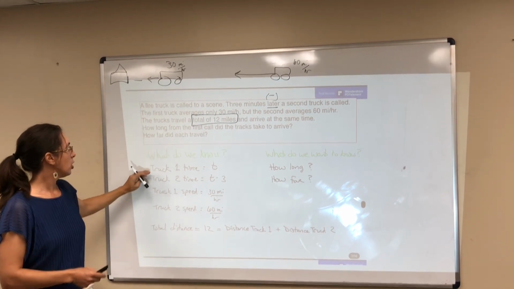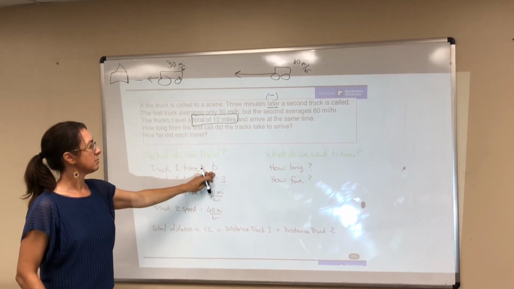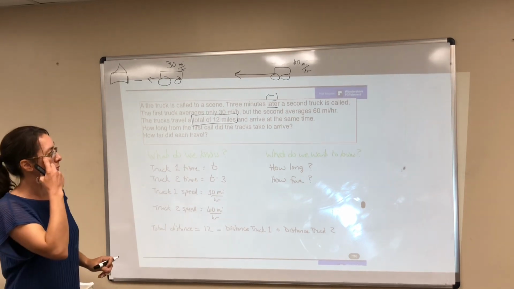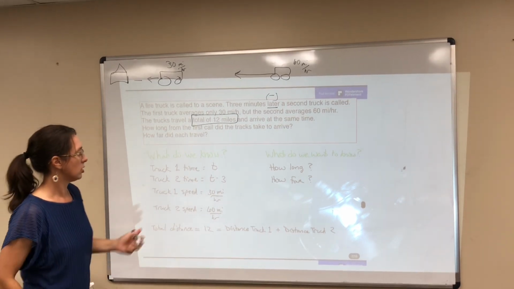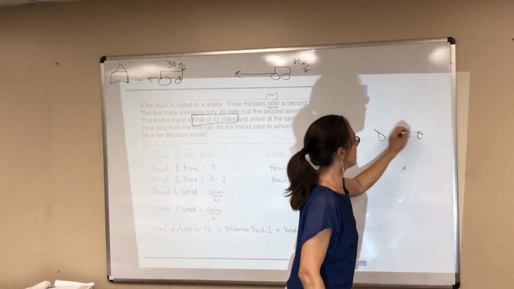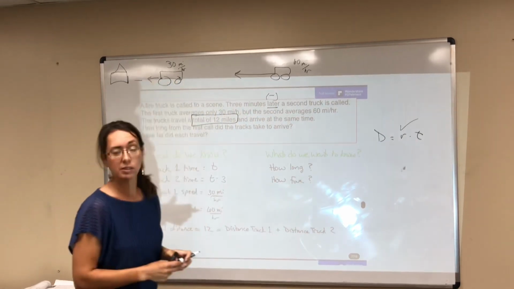What do we know? We are gonna call the first truck's time T, okay? Because we don't know how long it took him. We do know that distance equals rate times time. We know his rate. We don't know the T, and we're trying to find out a distance, okay?